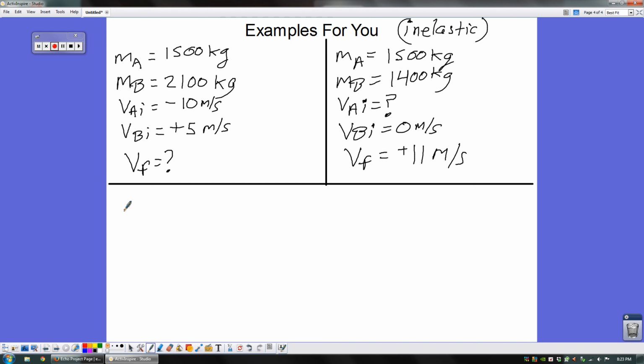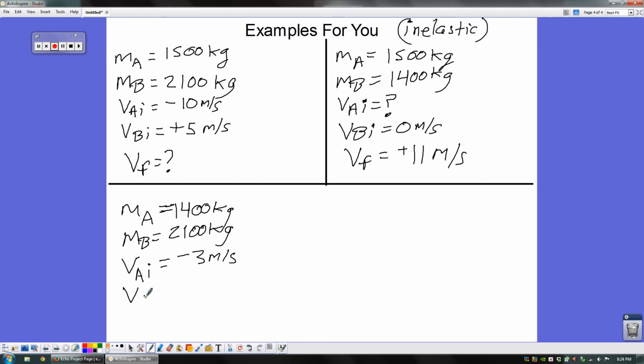And finally, MA is going to be 1,400 kilograms. MB is going to be, let's see, 2,100 kilograms. You know that VAI is negative 3 meters per second.